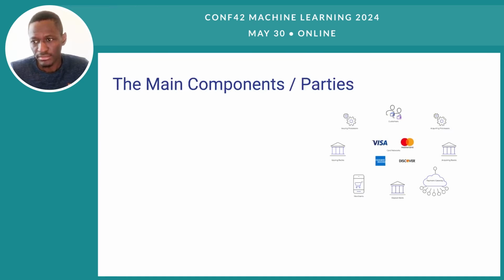So let's identify some of the main components and parties involved in the card payment ecosystem. The first and foremost is the actual payment card itself. That's the card that your bank or financial institution issues to you to be able to spend from your account.